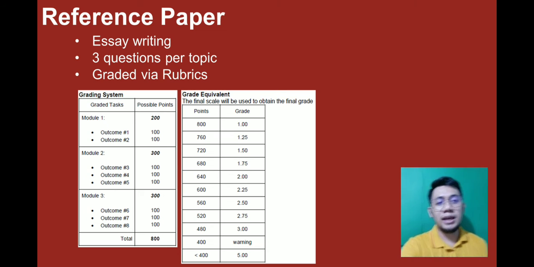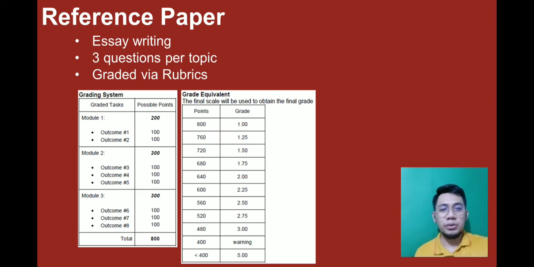There are 3 questions per topic, and there are 8 topics for this whole class. For module 1, you have 2 topics, which means 2 outcomes, and each topic will have a 100% score. So for module 1, you have 200 points. Module 2 has 3 topics, so 300 points.